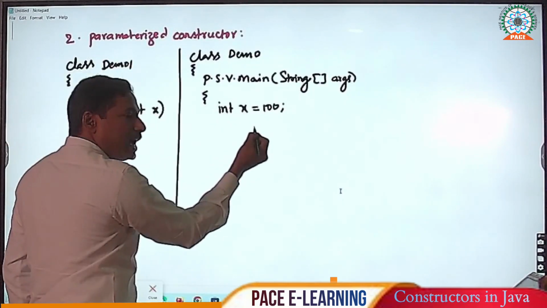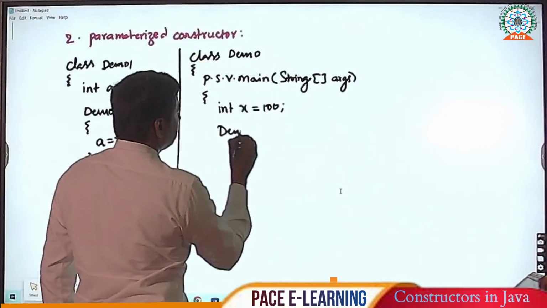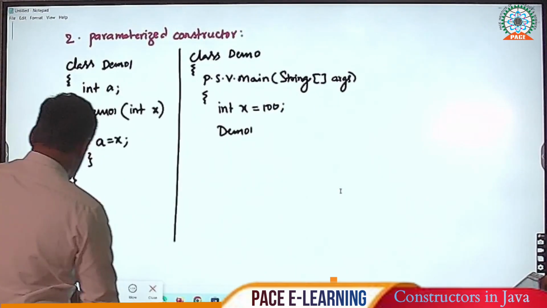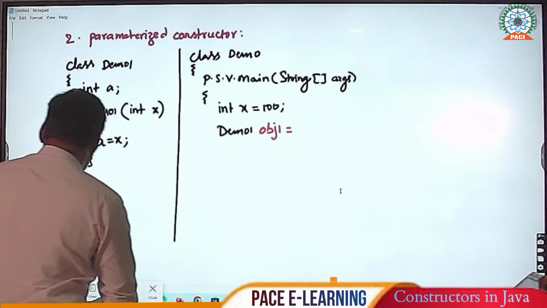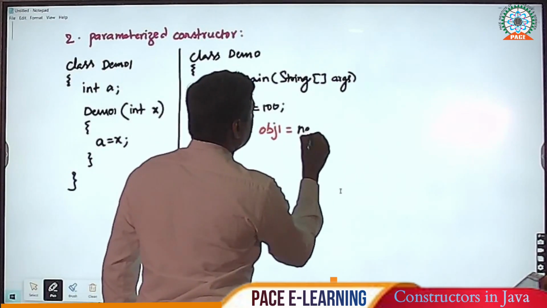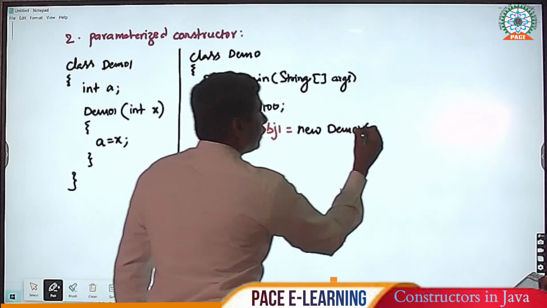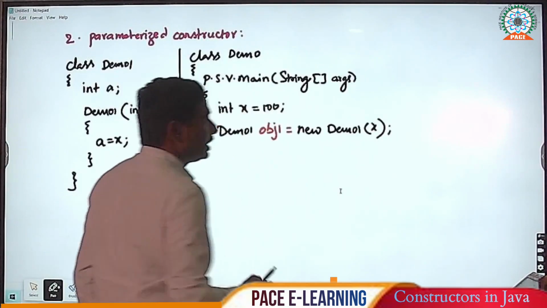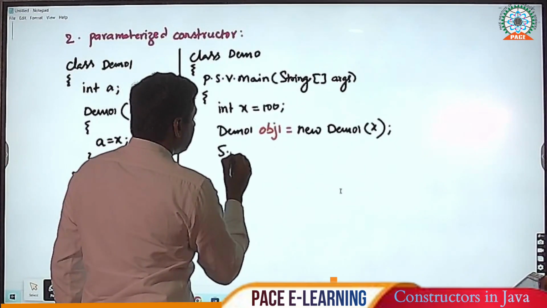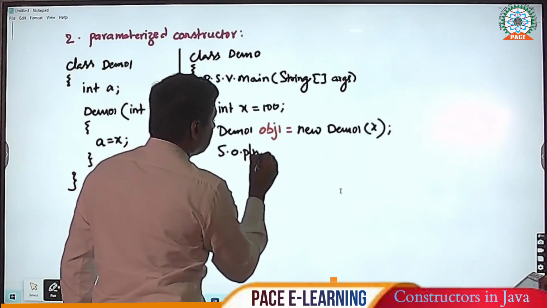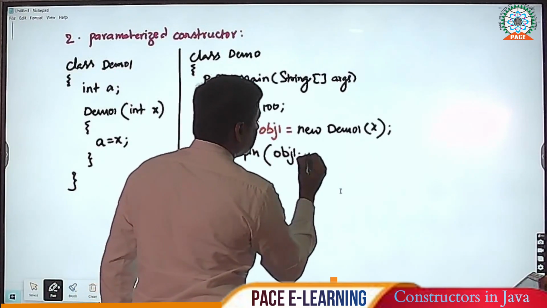Now pass this as an argument by creating object demo1 obj1 equal to new demo1, and along with this I am passing x as an argument. If you try to print this, System.out.println of obj1.a, I am just printing.